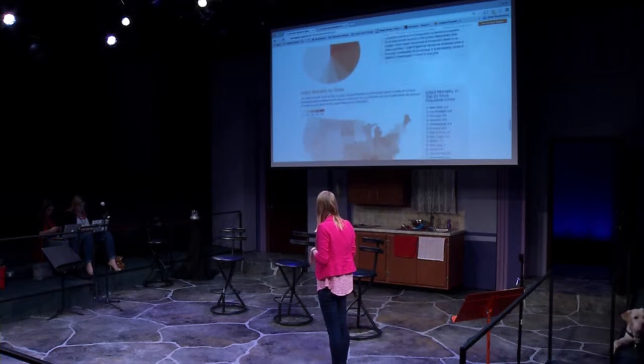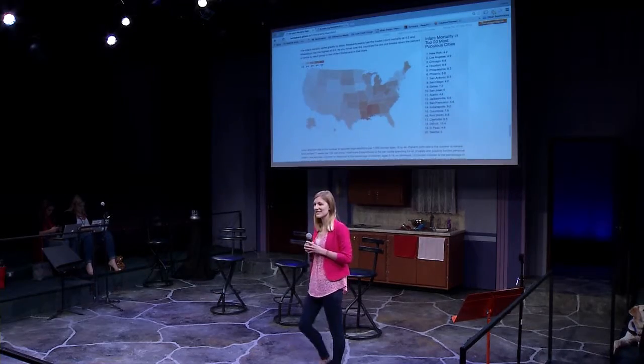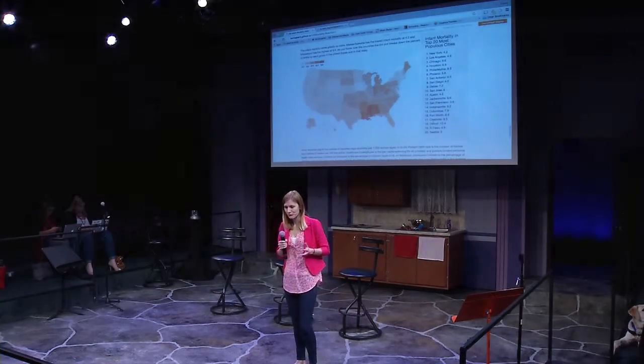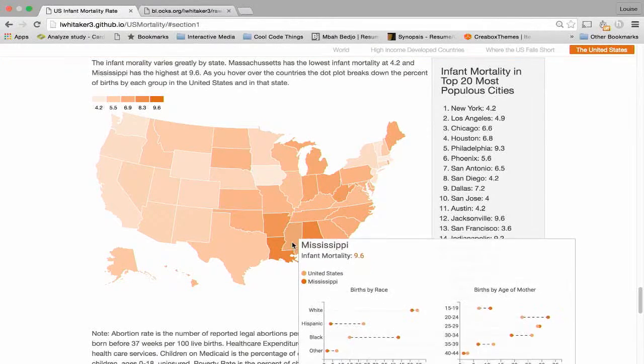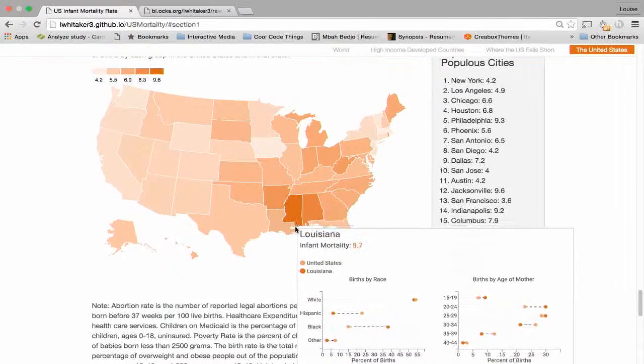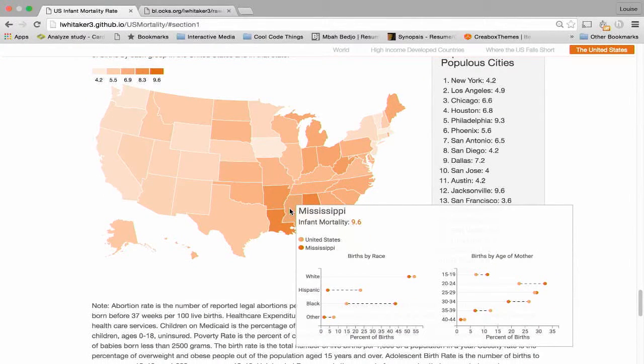From there, I wanted to look at kind of the highs and lows of the United States and see where these problems were. And in the South is where the biggest problem is. The infant mortality in some of these southern states is 9.6 as compared to the US's average of about 5.6. And so this is Mississippi. On this tooltip, you can see the United States is the lighter orange and the state is the darker orange on these dot plots.